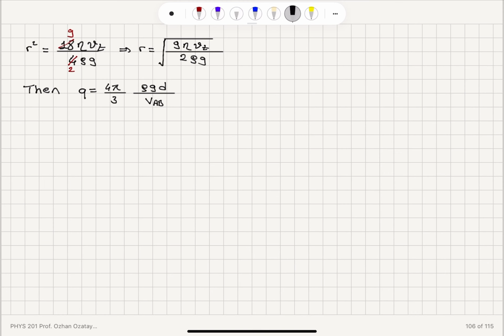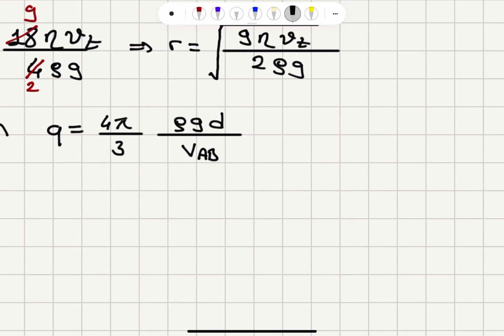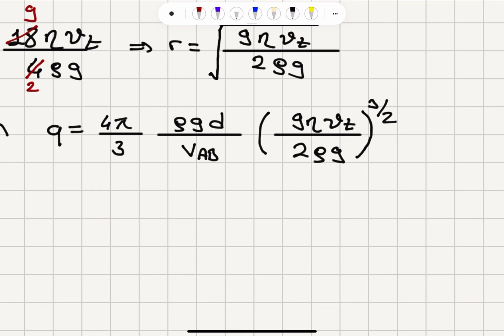So I'm copying this result from part A, 4 pi over 3 rho g d over VAB. Then I have r cube. For r cube, I will have 9 eta viscosity terminal speed Vt divided by 2 rho g to the power 3 over 2, because r is this expression to the power 1/2. So then I have to the power 3 over 2 for r cube.